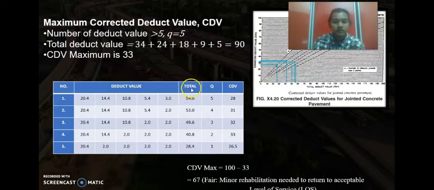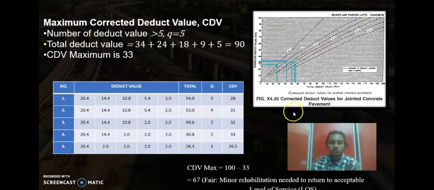Then we get the total by adding all the deduct values for each row, and the Q refers to the number of deduct values, so we put it from 5, 4, 3, 2 and 1 because we have 5 deduct values. To find the CDV, corrected deduct value, we use this graph, corrected deduct values for jointed concrete pavement.